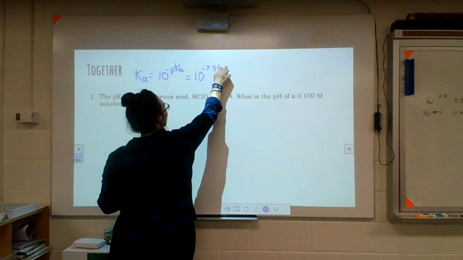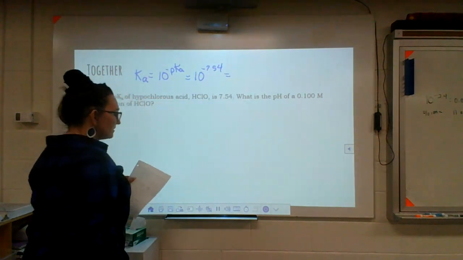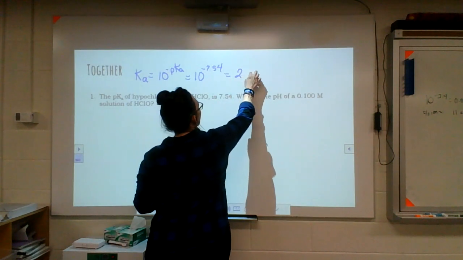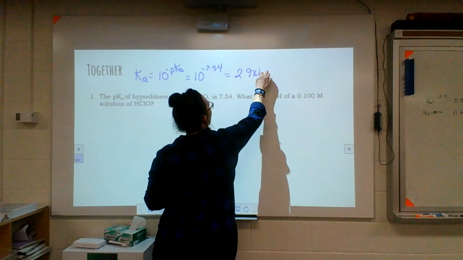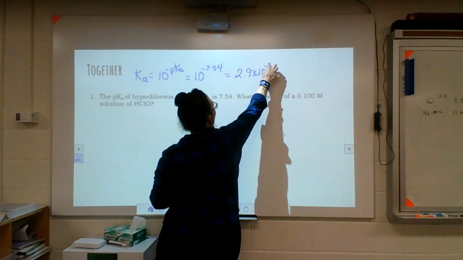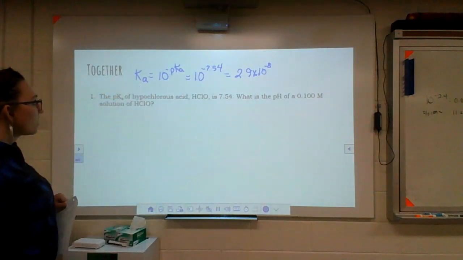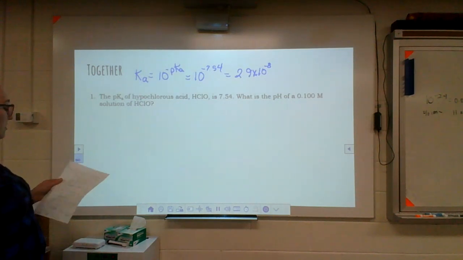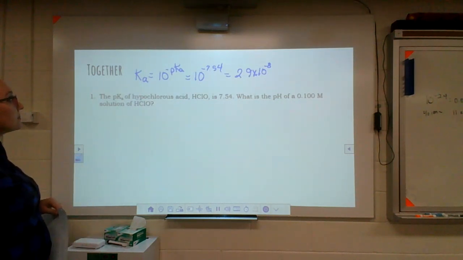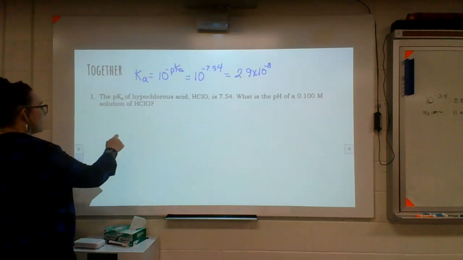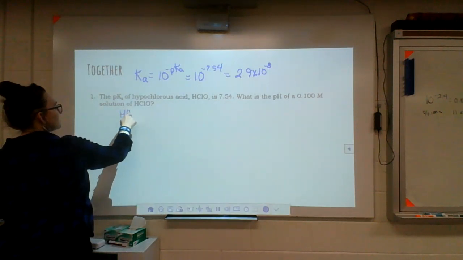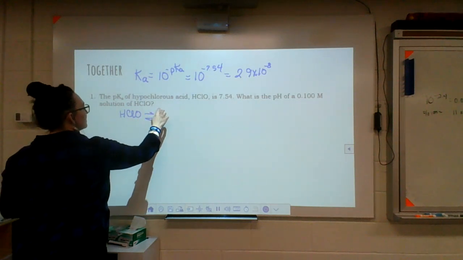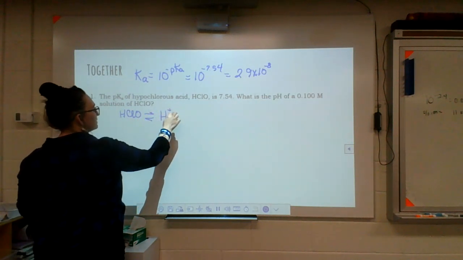Okay? And so next step, I need to do an ICE analysis. So I'll have HClO produces H plus and ClO minus, both aqueous, and I'm simplifying here. I left out the water, but it doesn't matter for our ICE calculations anyways, because we'll leave it out.